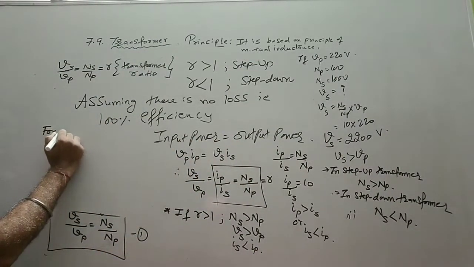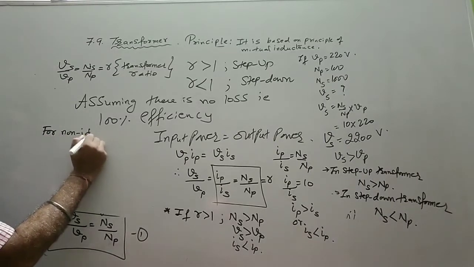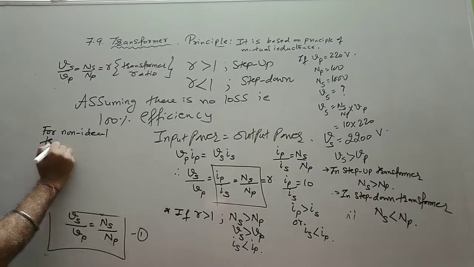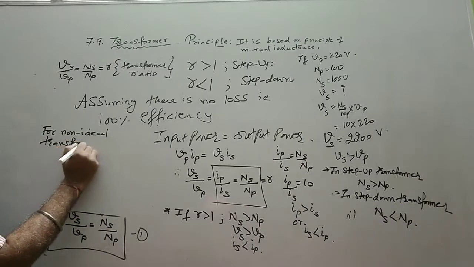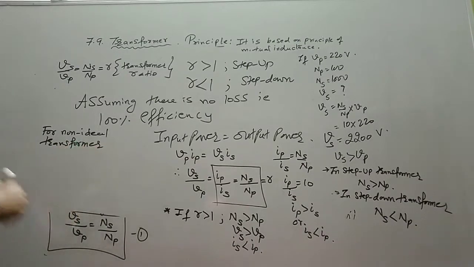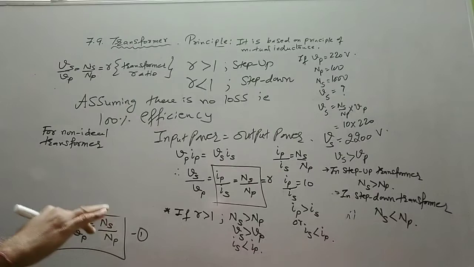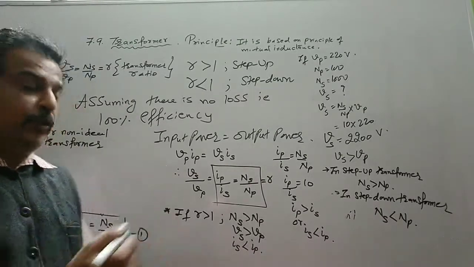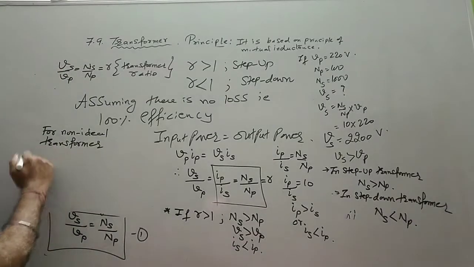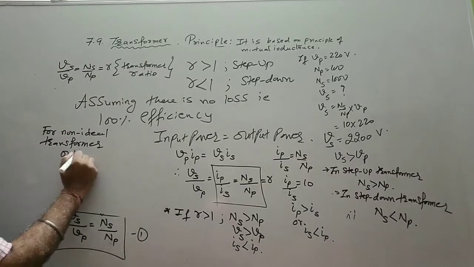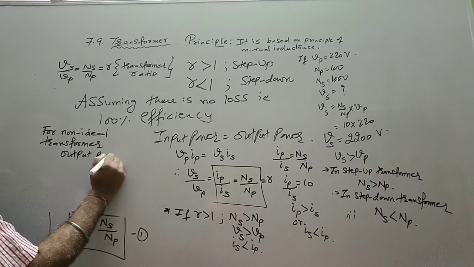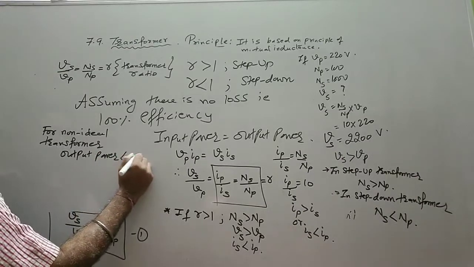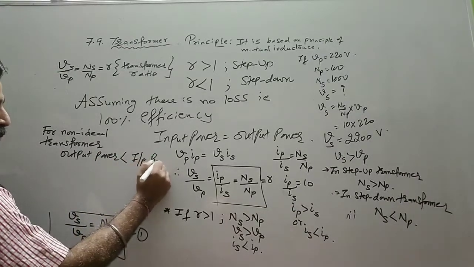For a non-ideal transformer, it means there are losses due to the resistance, or the magnetic flux produced in the primary is not linked with the secondary, so the output power is less than the input power.